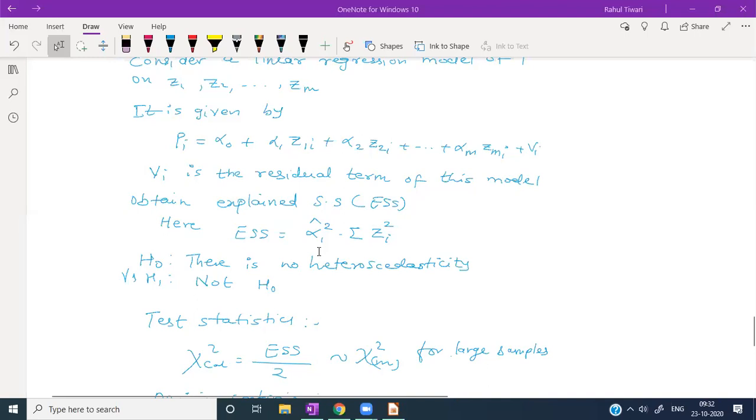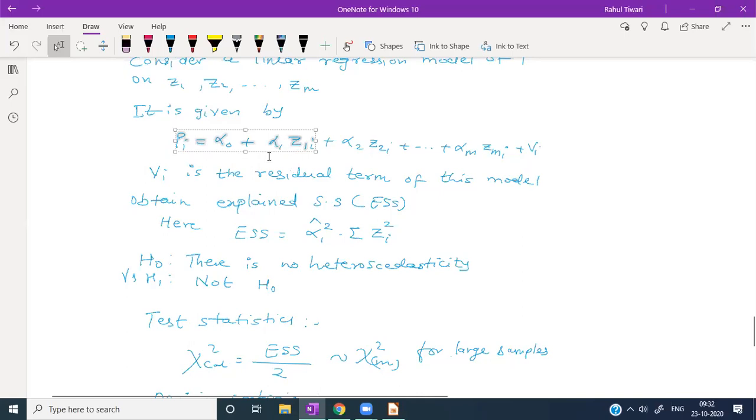Remember, if your model is only this much portion, obviously including the error term, plus the v_i term, how do you calculate this alpha 1?